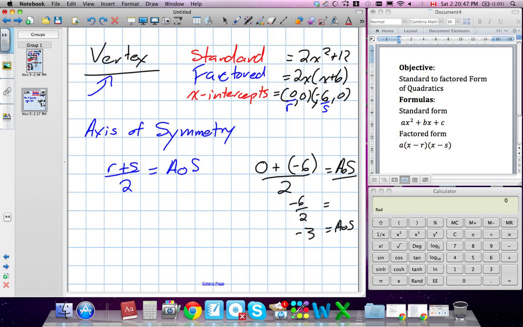we have to have an x and a y value. The x value is -3. I just have to find my y value now. In order to do that, I take my -3 and I plug it into either the standard form for x or the factored form for x. Either one will work, and we'll do it with both, just so you can see. I'm going to scroll down a bit and split this page.